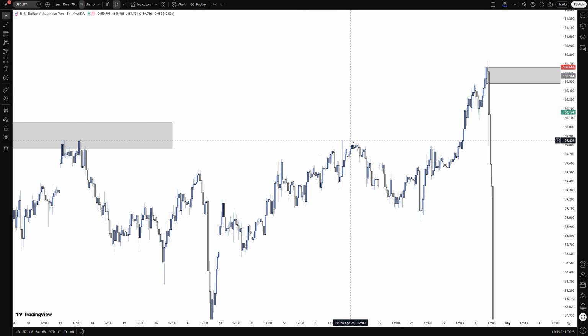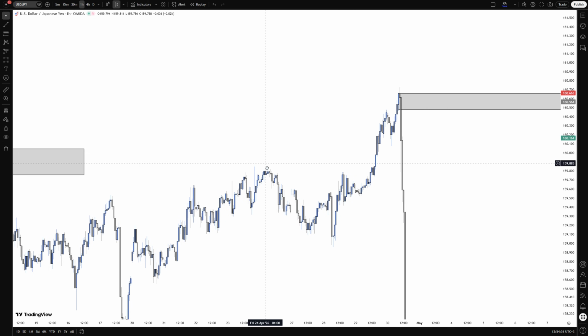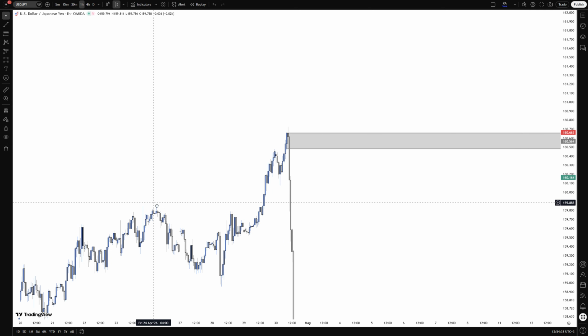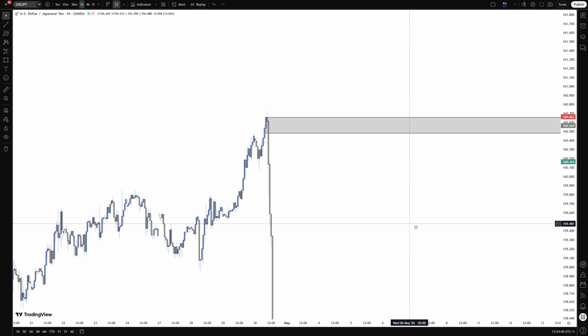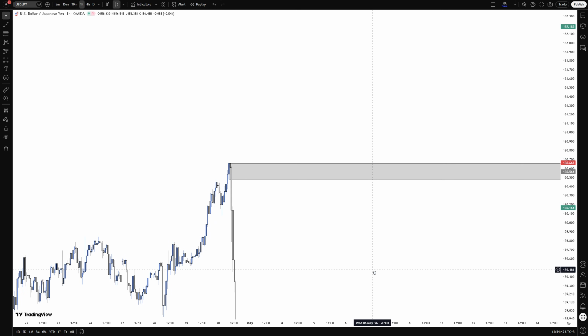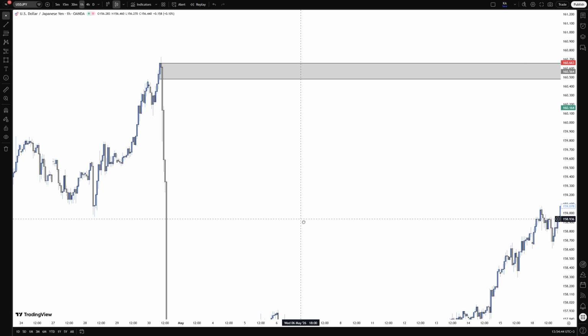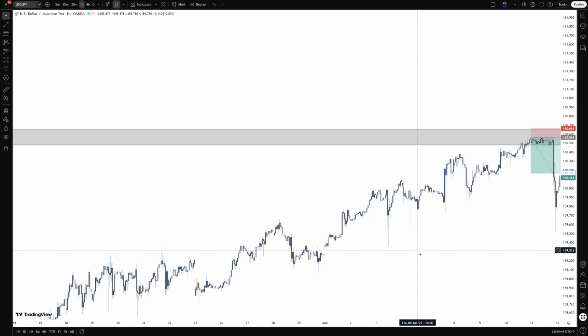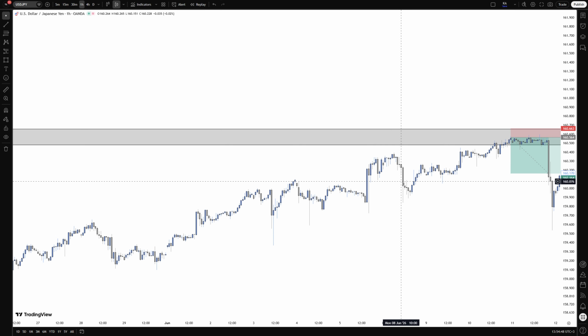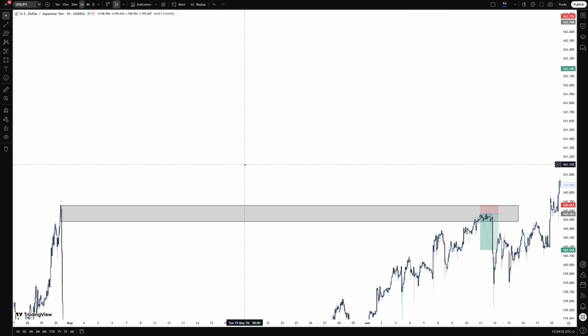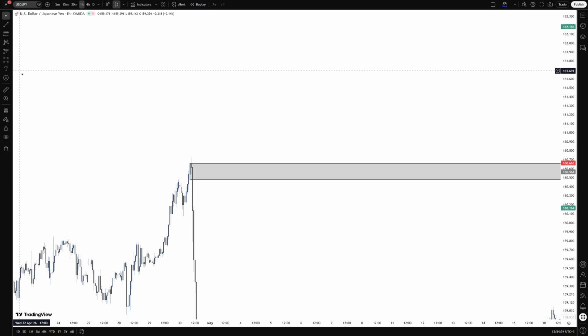I currently couldn't find such a thing, but guys, if there are multiple zones, let's say we have a zone here, and then it went up.